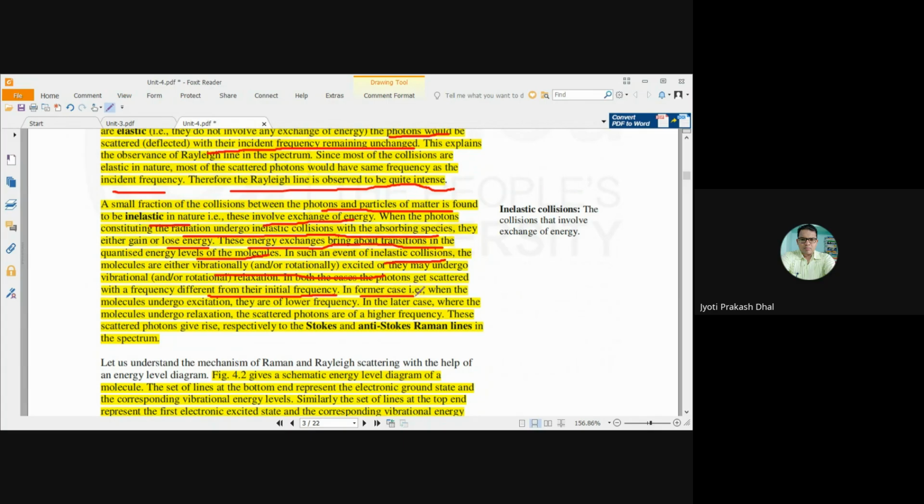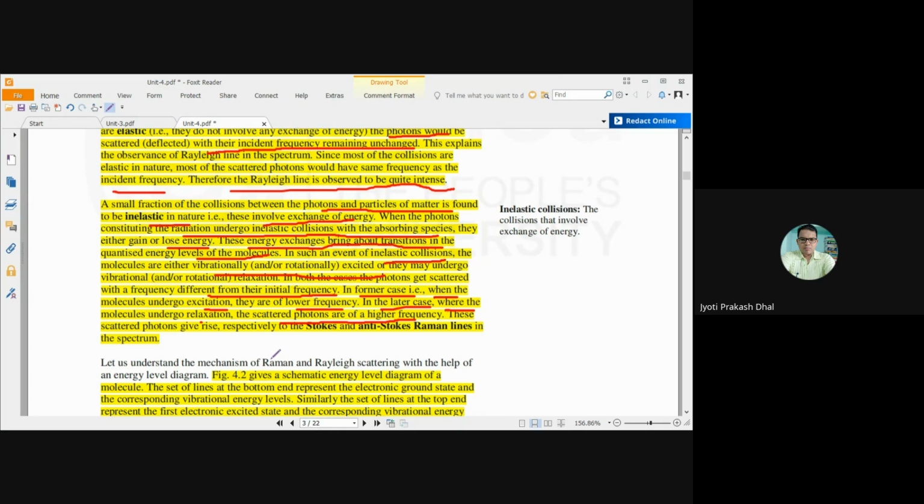In the former case, that is vibrational excitation, the scattered photons are of lower frequency, and in the latter case, where the molecules undergo relaxation, the scattered photons are of higher frequency.